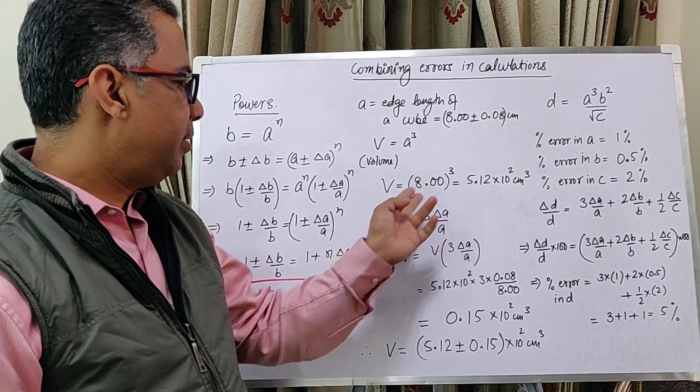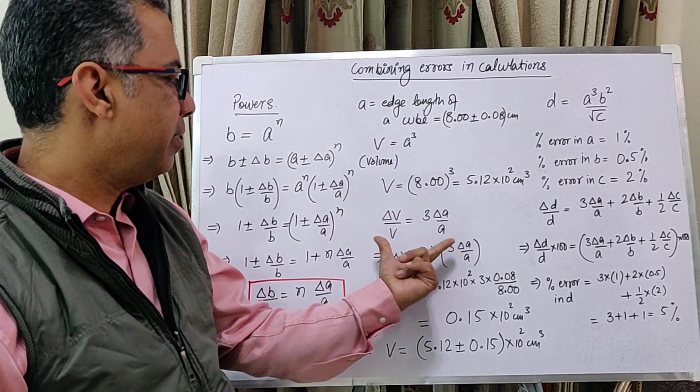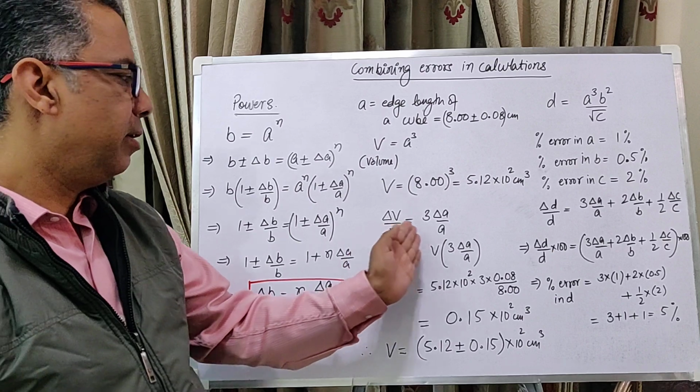Now the error in this V and the error in A are related as per this rule.